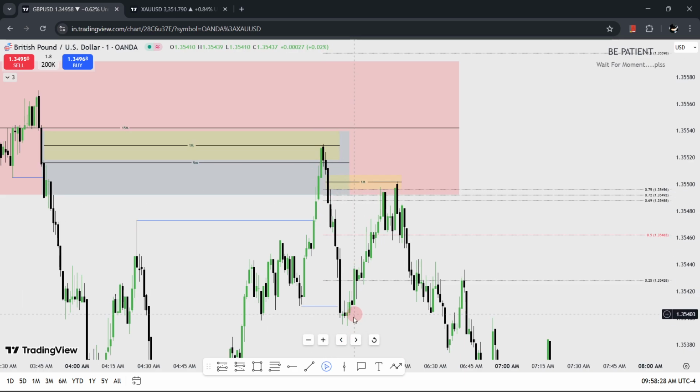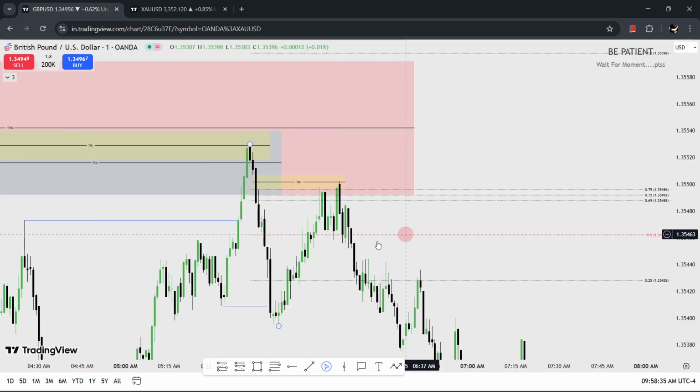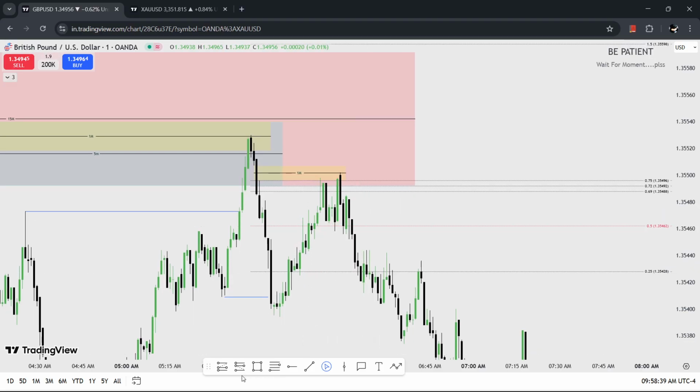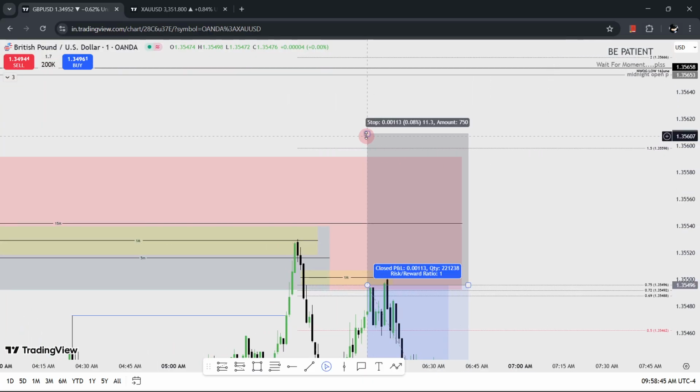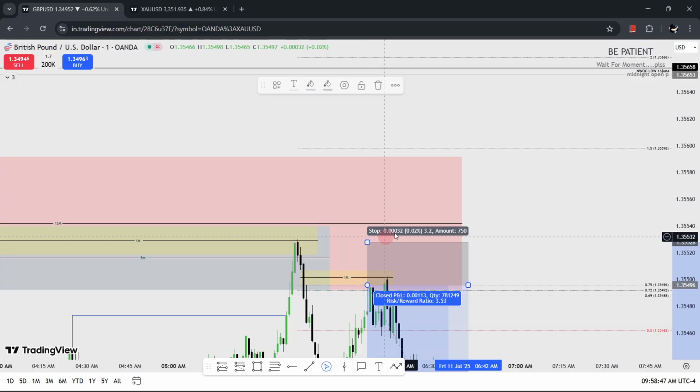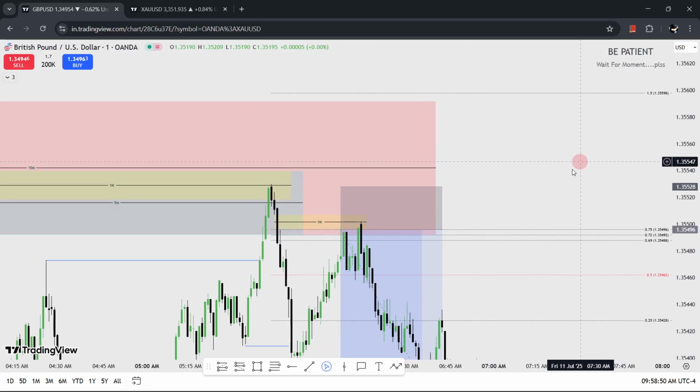We have that low here. Displacement from this high to this low. We have the midpoint up here. We have this 1 minute fair value gap here. That's going to be your entry. That's the 1 minute or 2 minute fair value gap here. Stop loss is around 32 pips or 30 pips.